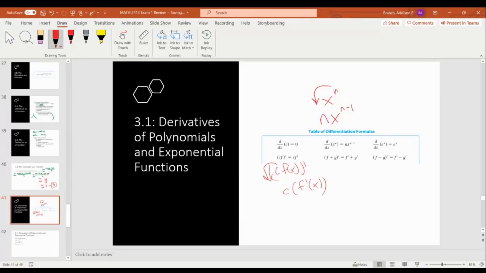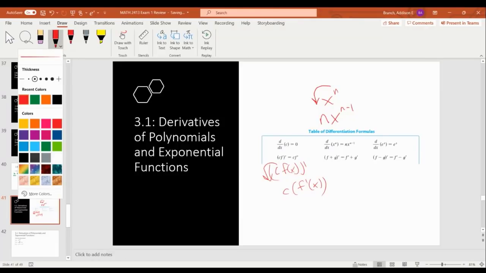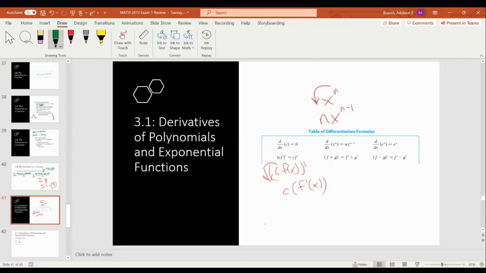And just one quick thing that I want to mention right here, because I have seen people get confused on this before. Whenever we're talking about that e, e by itself is actually equal to a number. That's approximately 2.72. So if you see e to any constant number, that is going to be just a constant.